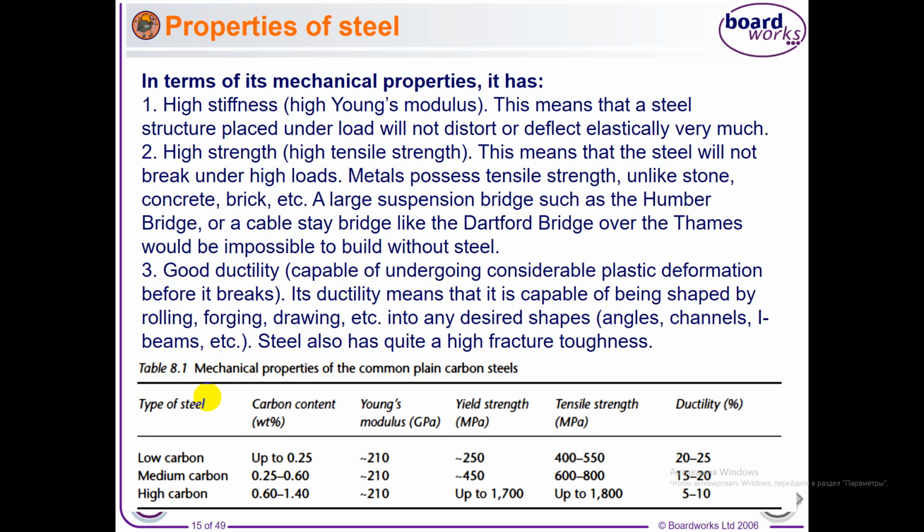Although steels have in general highly desirable mechanical properties, they also have some properties that are not so good, including the following: corrosion, high density, poor fire performance.